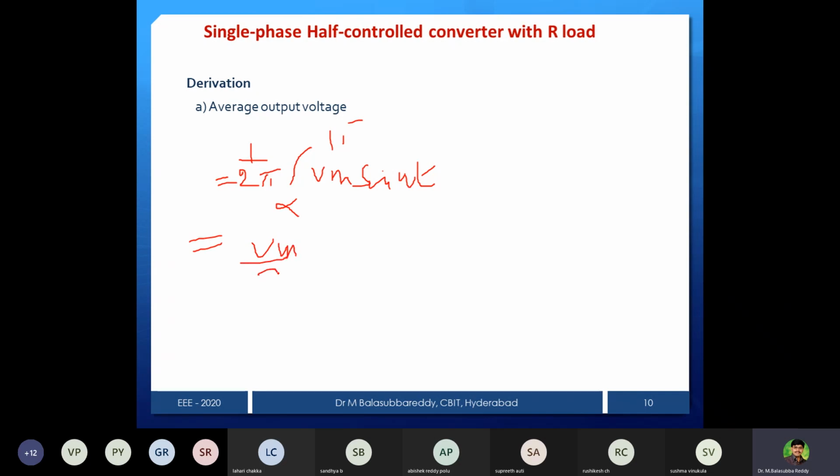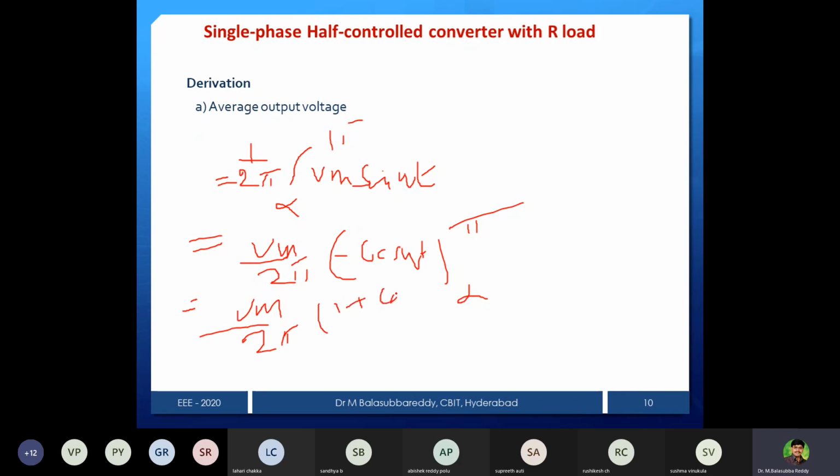Vm by 2 pi, the integral will give minus cos omega t. Limits are important. Here limits are alpha to pi. If you do that, cos pi is minus 1 already, plus, then 1 plus cos alpha. So Vm by 2 pi into 1 plus cos alpha. So this is the average output voltage.